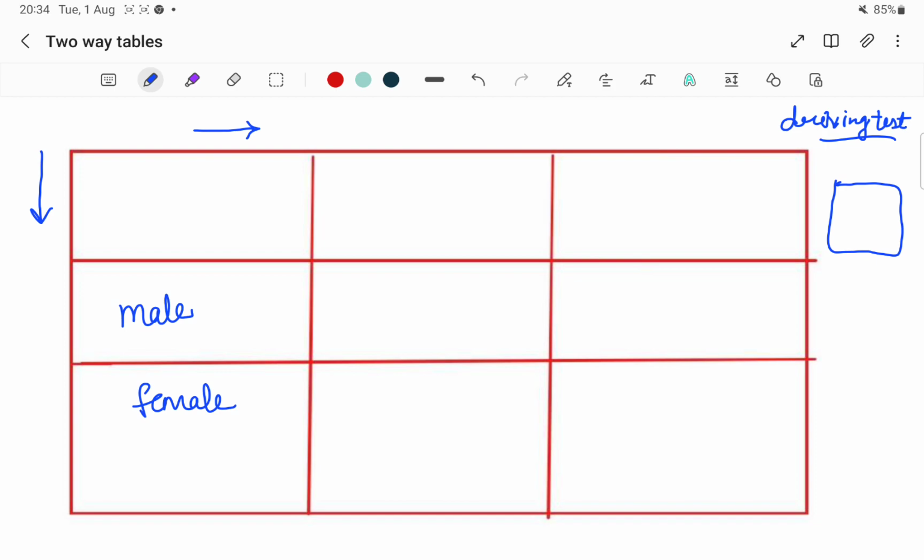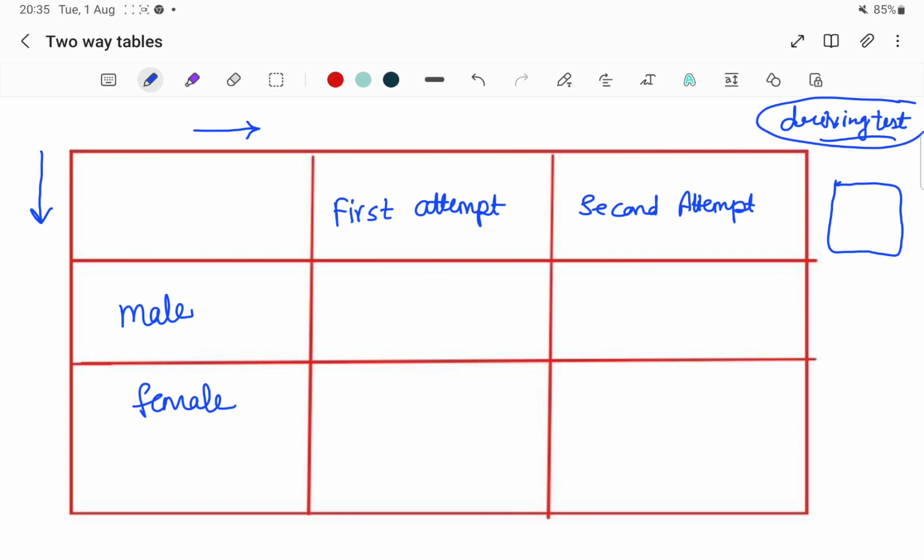Another set of information is how many of the people passed the driving test in the first attempt and how many passed in the second attempt. So these are the two pieces of data, but this data is about the driving test only.